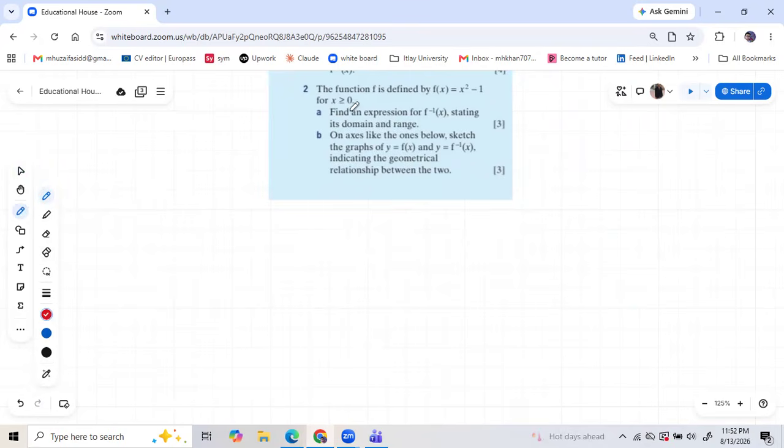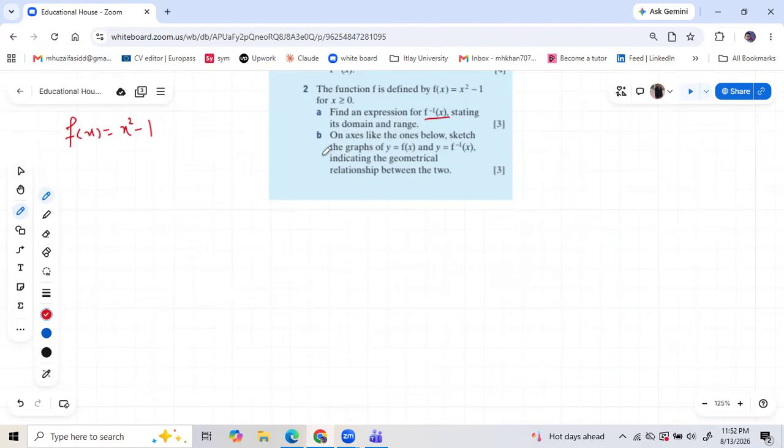Okay, check it here. The function is defined as f of x equal to x squared minus 1, for x greater than 0. Find the expression for f inverse of x, setting its domain and range.